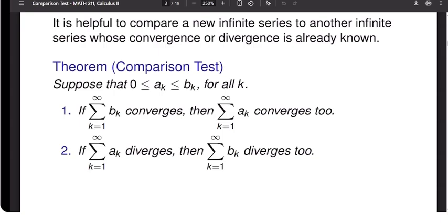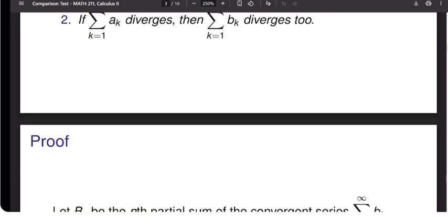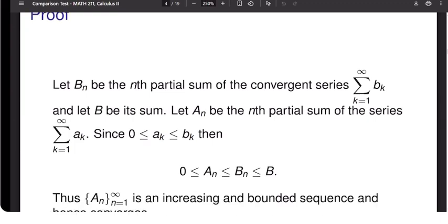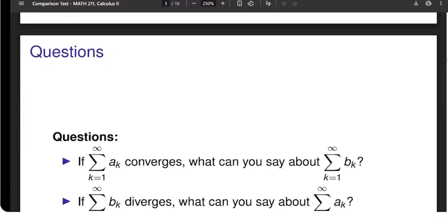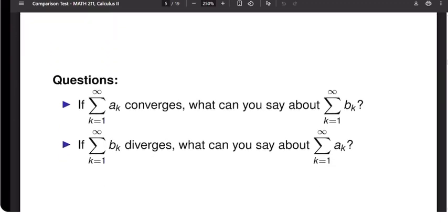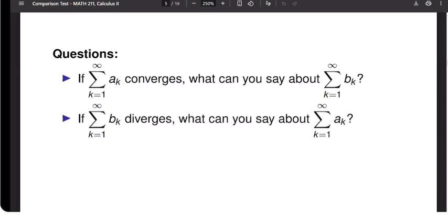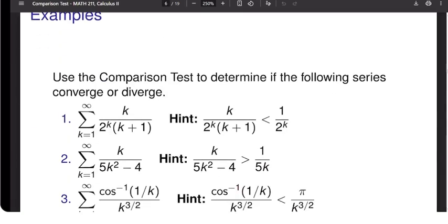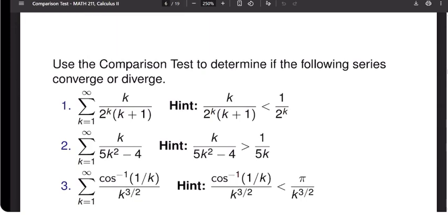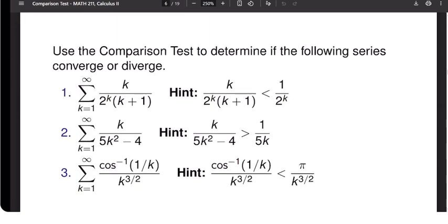In this material, I have an example that I'm going to walk us through. Now, I'm going to go into the example. If you take a look at what I have, I want to use a comparison test. This is a given. Please pay attention.